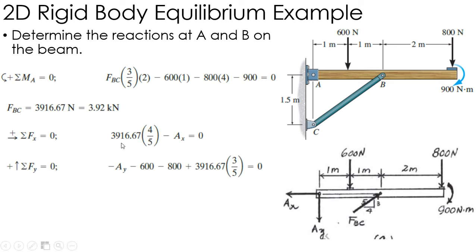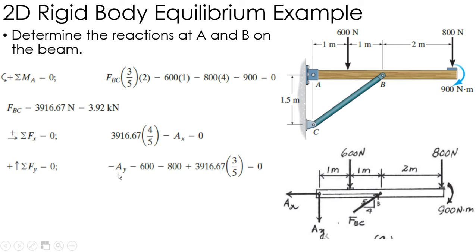So in the X direction, I have the 4/5 FBC, the horizontal component. So this is FBC, which I just solved, 4/5, and minus AX, AX being the only other force in the x direction. So I can directly solve AX from that equation.